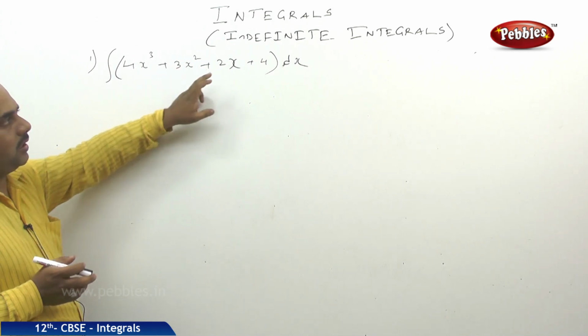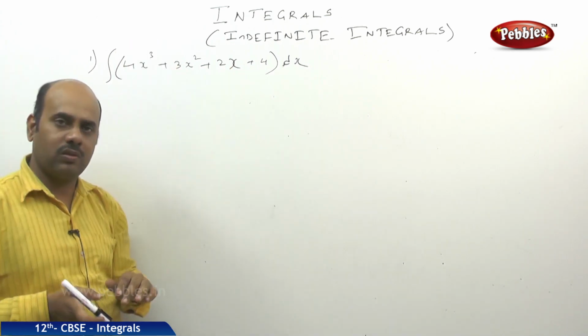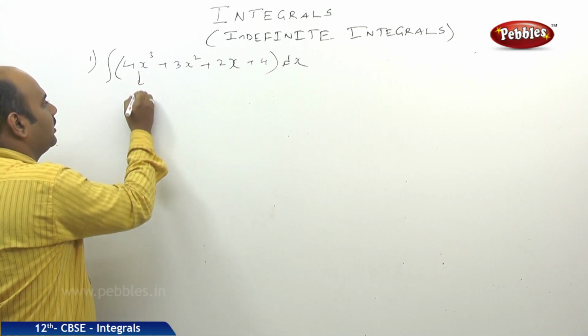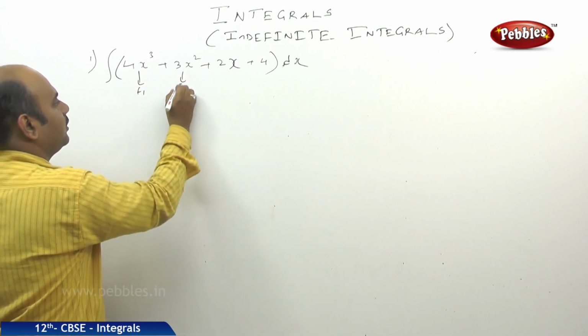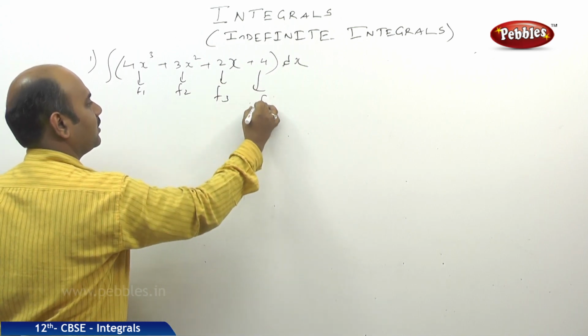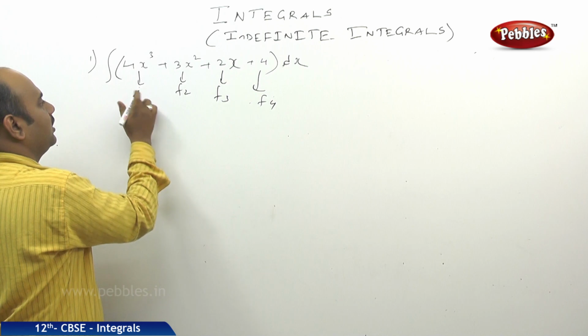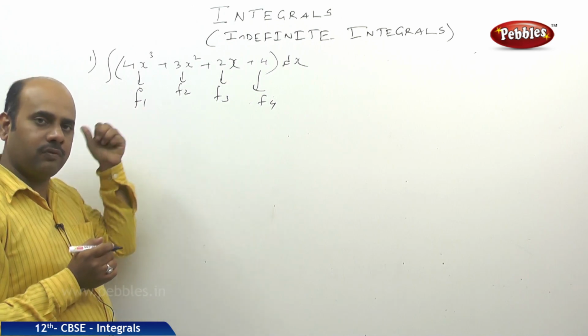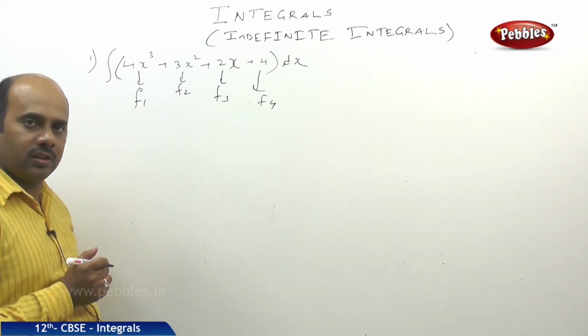4x cube plus 3x square plus 2x plus 4 dx. I'll be calling this as f1, this as f2, this as f3, and this as f4. And outside, if you could observe carefully, there is a symbol called integral.